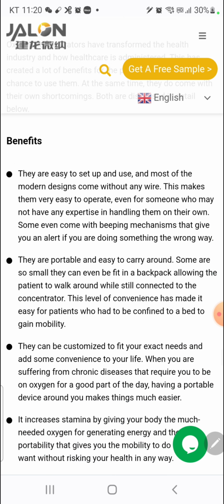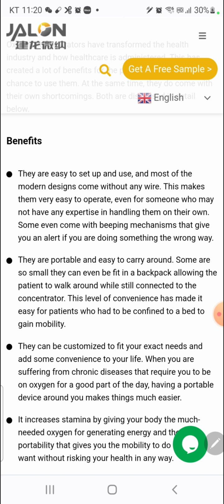Benefits. They are easy to set up and use, and most of the modern designs come without any wire. What do you mean, any wire? This makes them very easy to operate, even for someone who may not have any expertise in handling them on their own. Some even come with beeping mechanisms that give you an alert if you are doing something the wrong way.